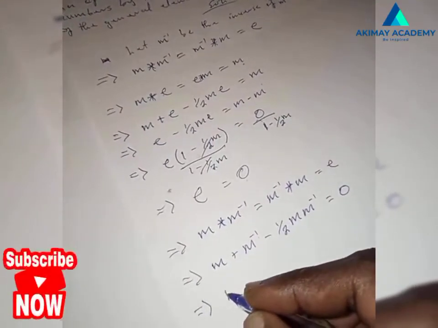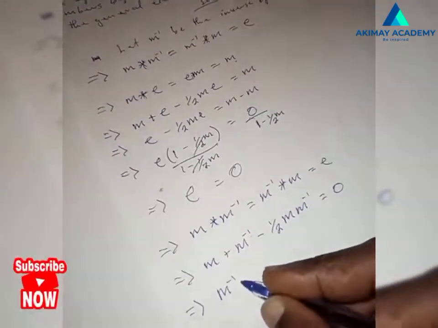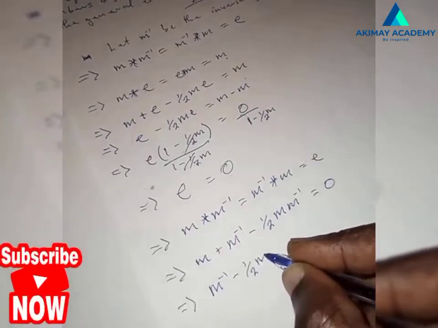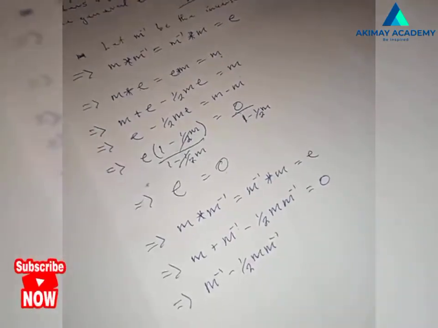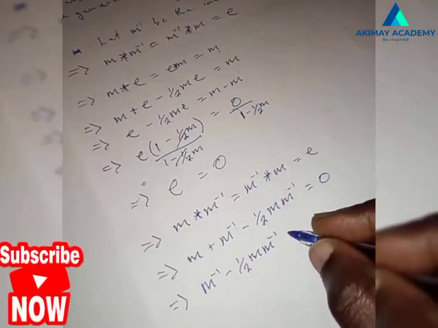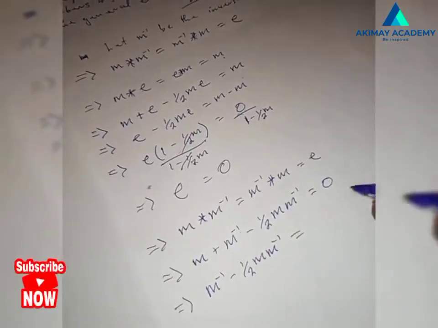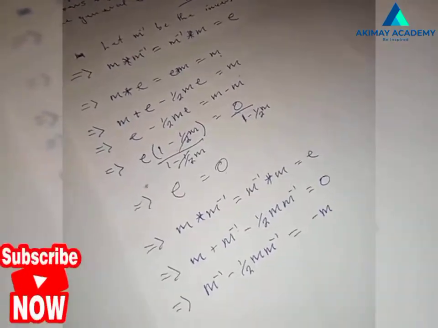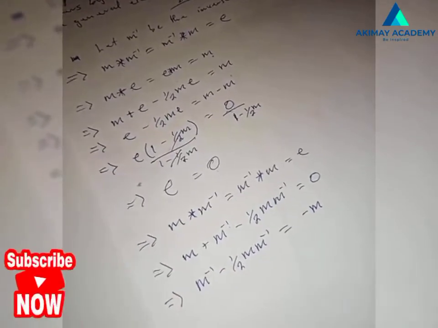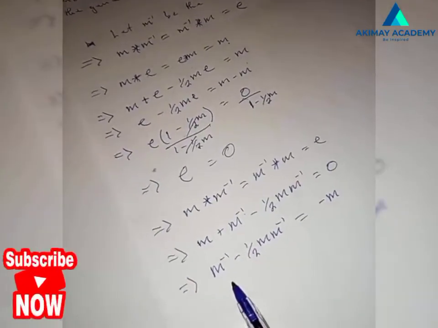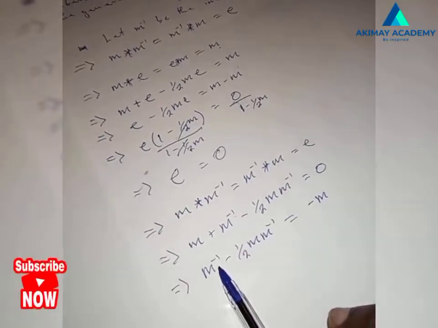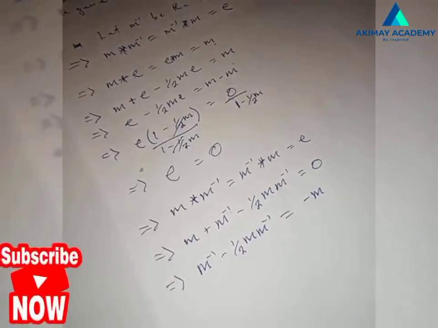Then we have M inverse minus half M inverse should be equal to, so when this one crosses, it becomes negative M. So at this point we have M inverse, so we factor our M inverse out.